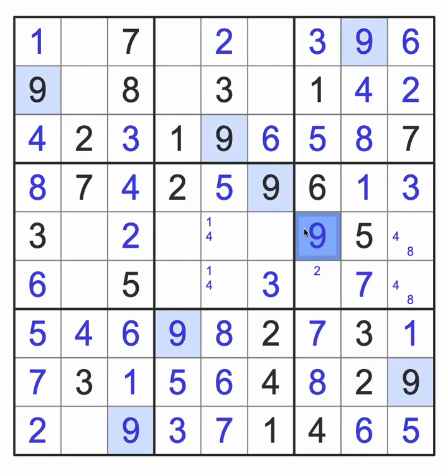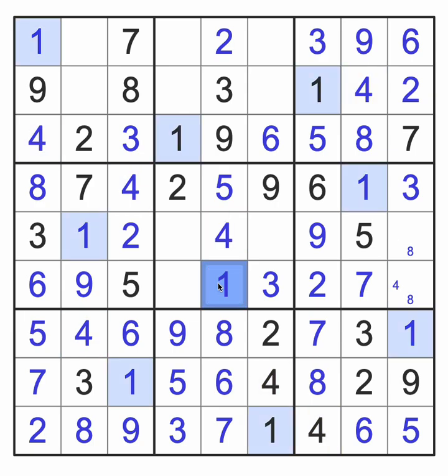That gives me 9 and 2. And this cell is left with 8. These are 1 and 9. 9 in box 6 blocks this cell, gives me 1, 9, 4, 1, 8, 4.